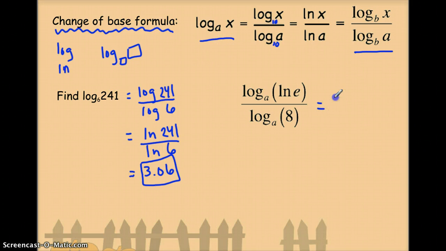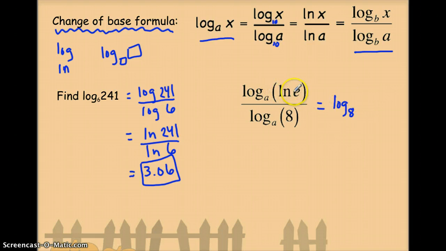I can say log base 8, because see how the base A is here? And then whatever's on the top, that goes in this spot. So it'd be log base 8. And then natural log of E.